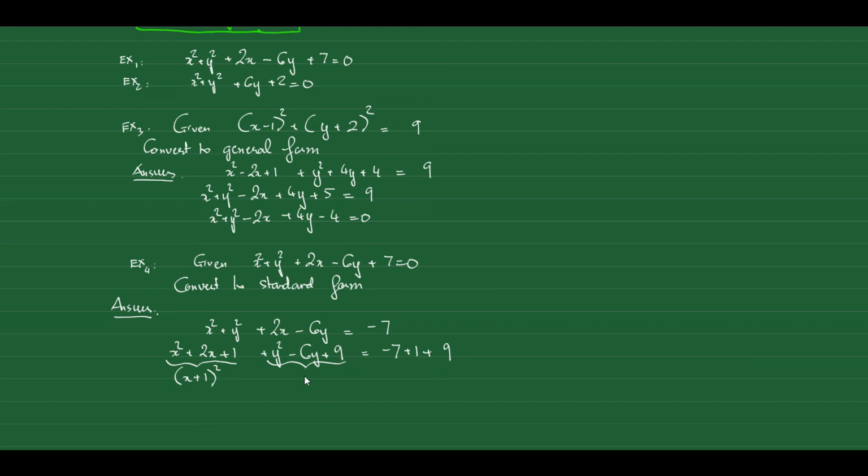Right over here, because this is minus, so we write y minus 3 squared. So this is 1 plus 9, and you add them up, it's 10, equals 3. Here you go, look at that. This is your h, this is your k, and this is your radius. So the center over here will be negative 1, 3, and the radius will be square root of 3.